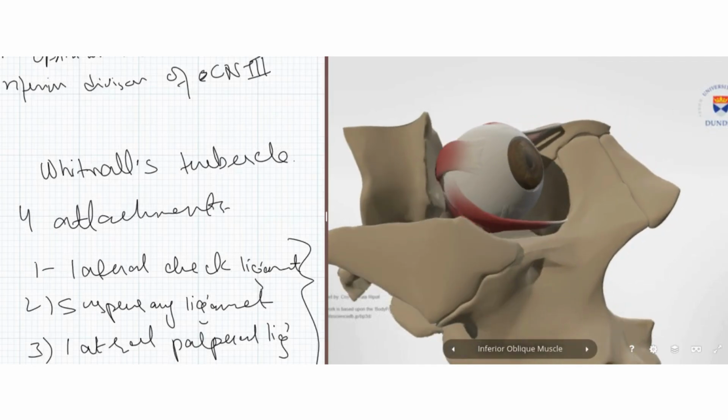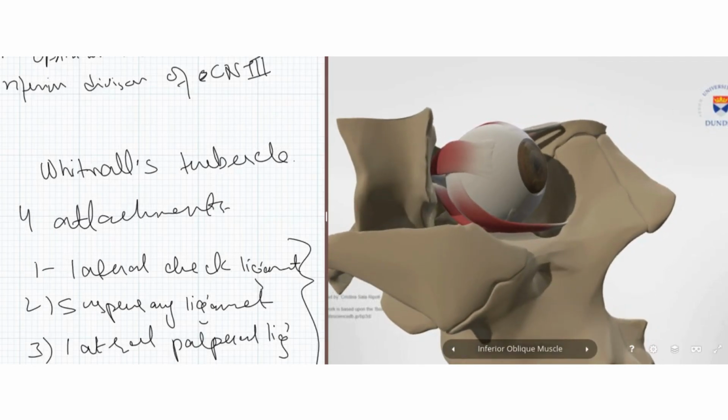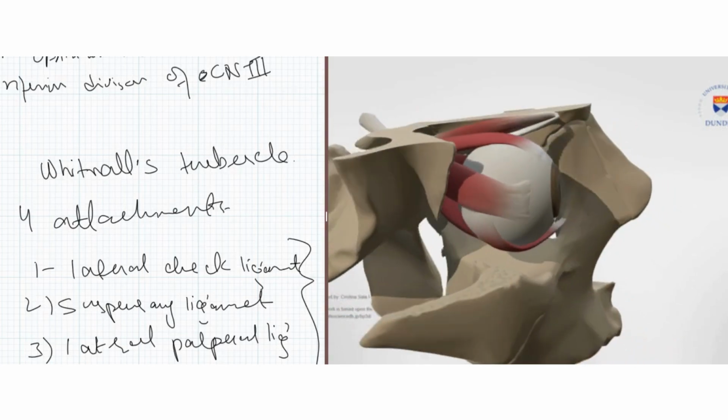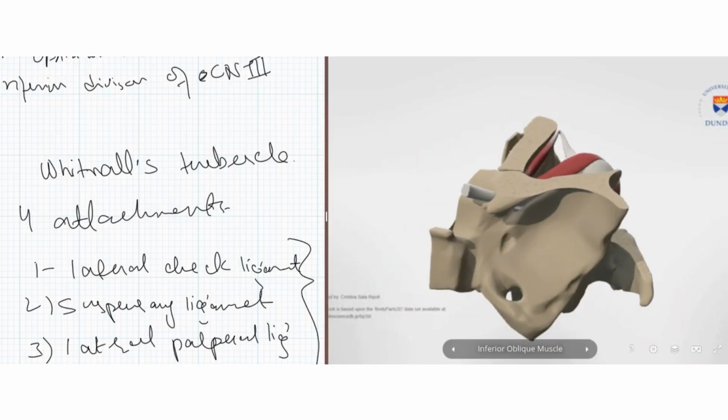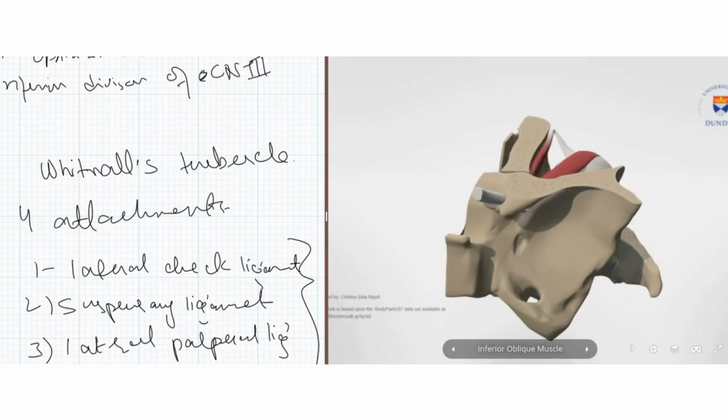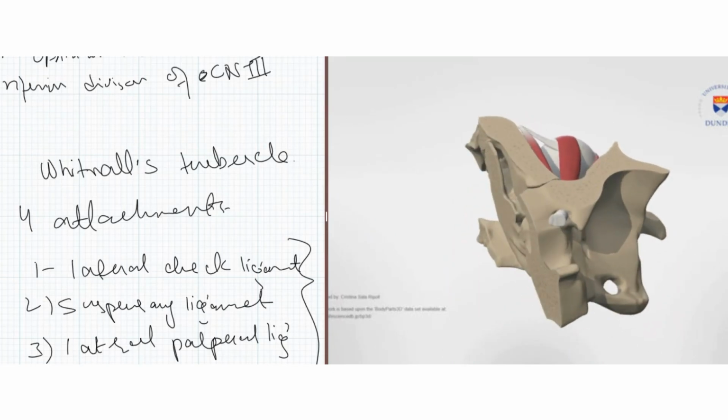We have our inferior rectus muscle right over here. Now, as I've mentioned before, this is the lesser wing of the sphenoid, and this is the optic canal from which the optic nerve is passing through.